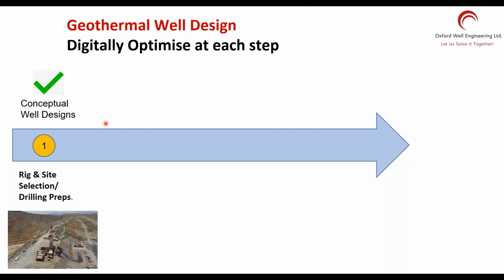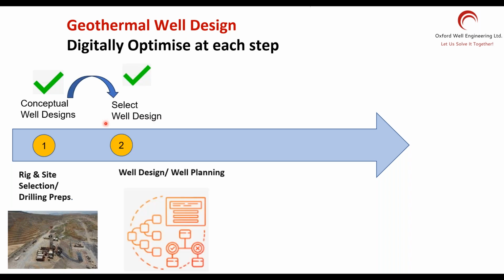Because this is an important topic, you go with the digital side of things. You infuse it with the rig selection, the site selection, and then you go for the well design and the well planning. You want to optimize them alongside. For the well design, what could be the digital input for it?